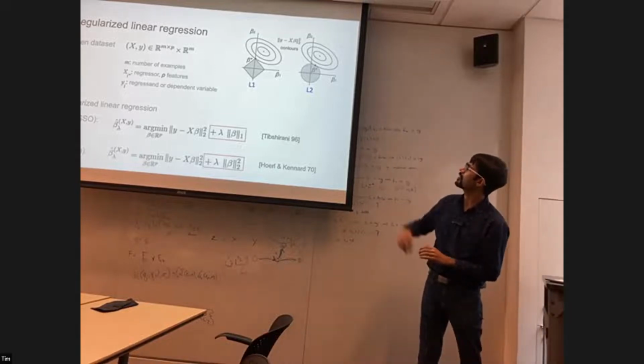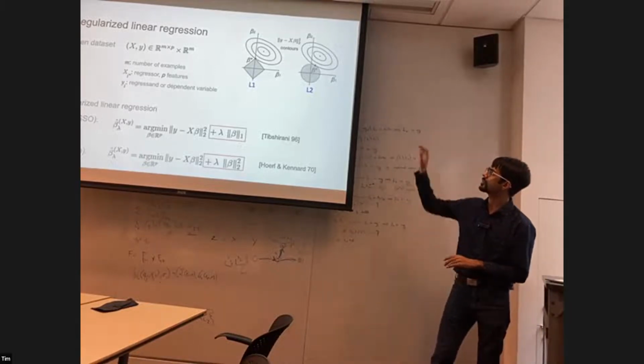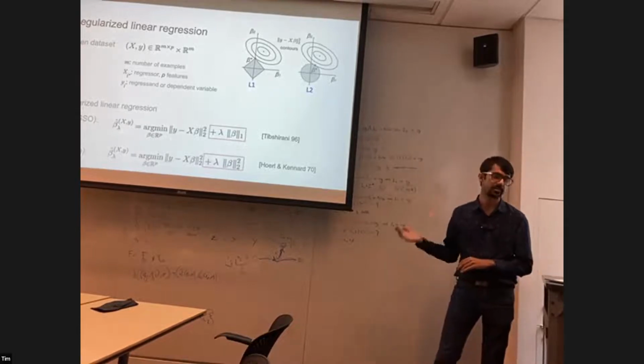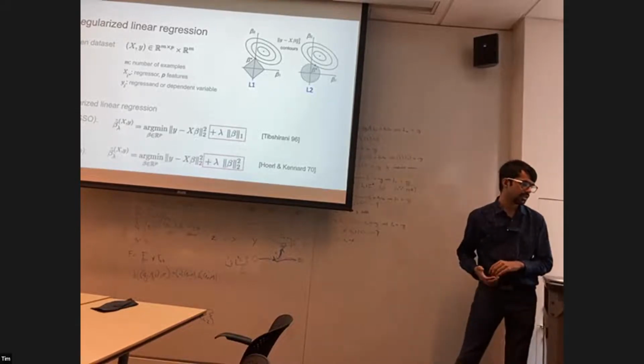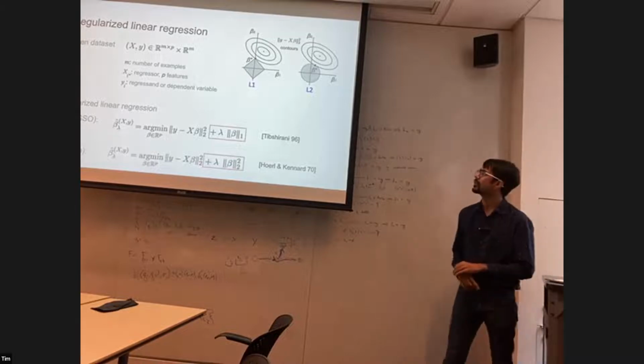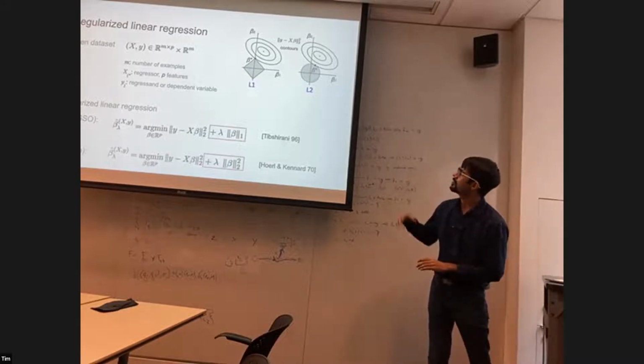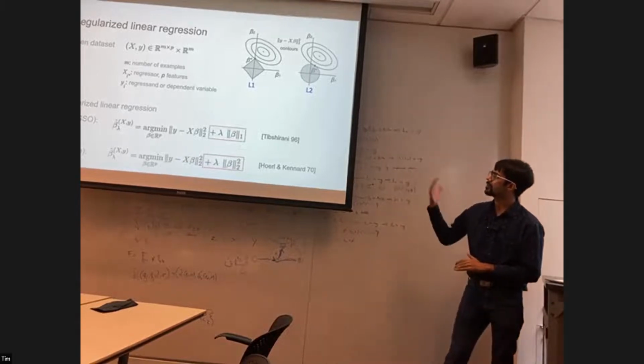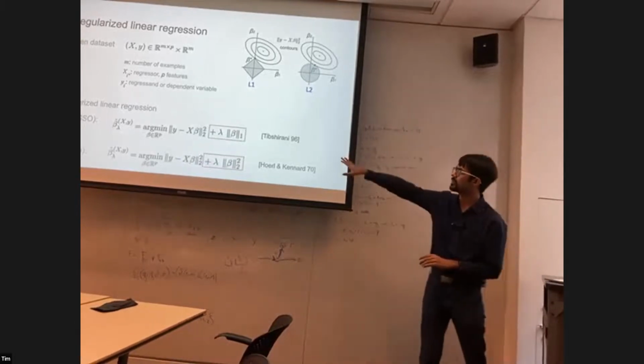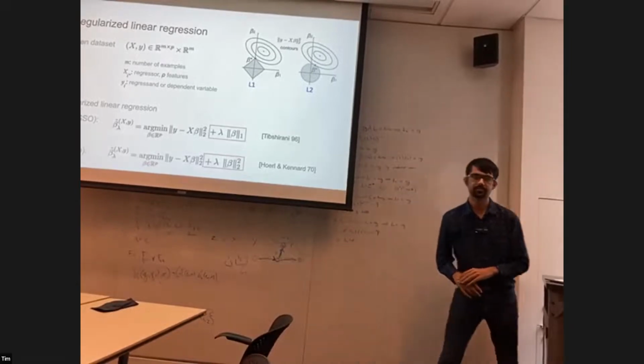So you have these squared loss contours. The center points of those ellipses are essentially just the beta hat from OLS, and instead you want to select these beta stars, which somehow also have a low value of these additional regularization terms, right?